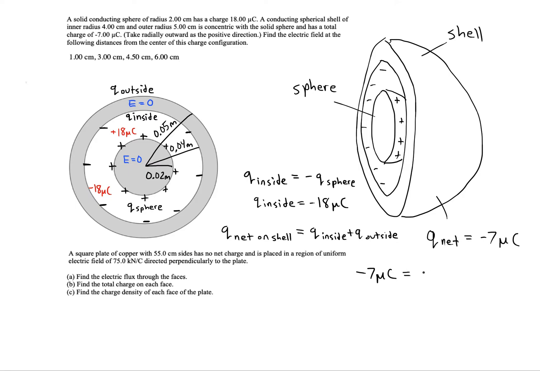We've determined that the inside charge is -18 microcoulombs. So we can now solve for the charge on the outside of the shell. There must be 11 microcoulombs of charge on the outside of the shell.